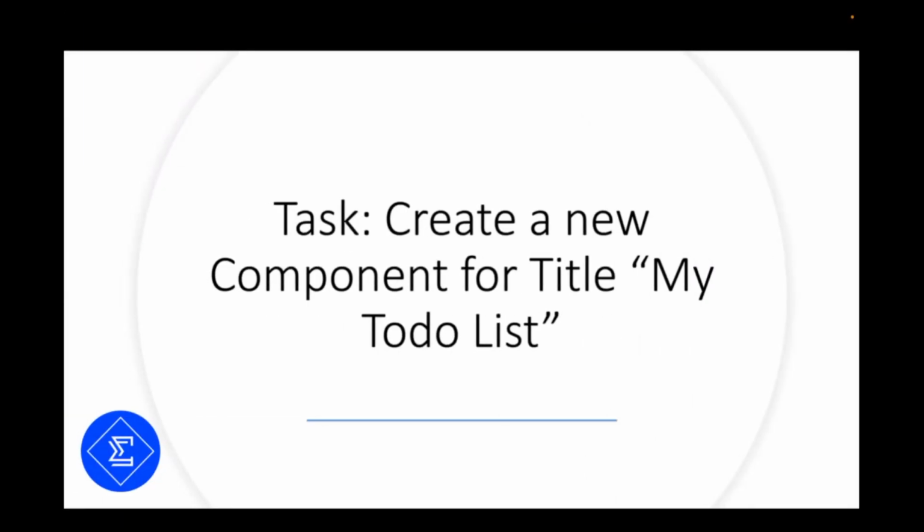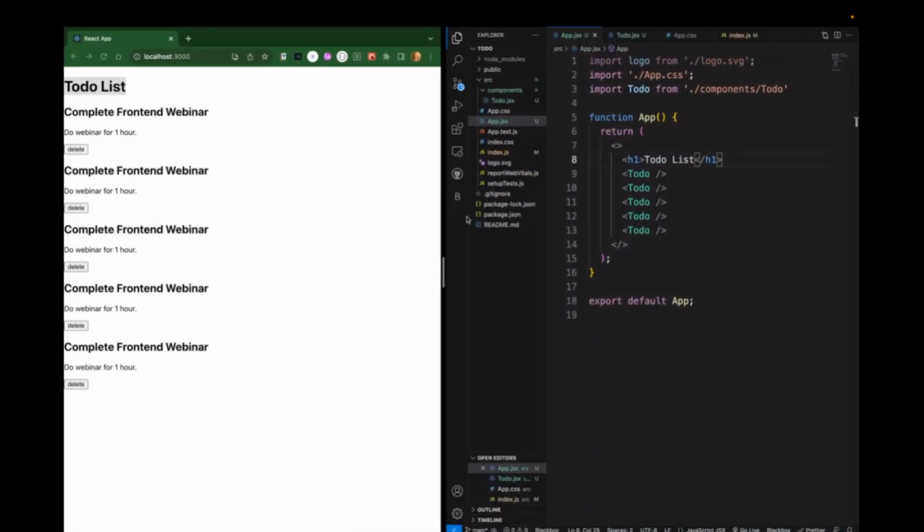I'll give you a couple seconds to do that. All right, so you should have been able to do that. If you weren't, that's totally okay too. Components are really hard to wrap your head around, especially if you're a beginner.